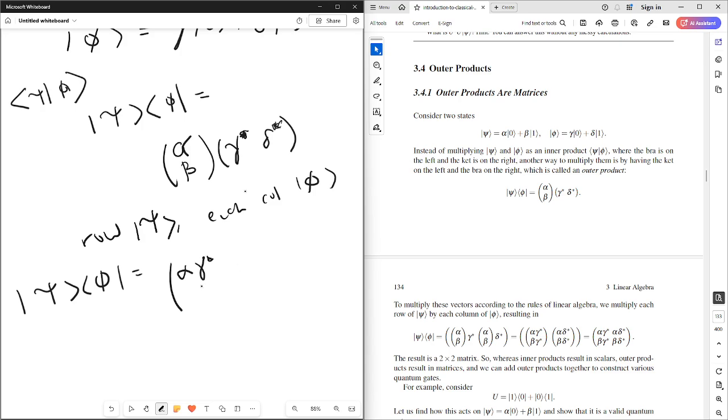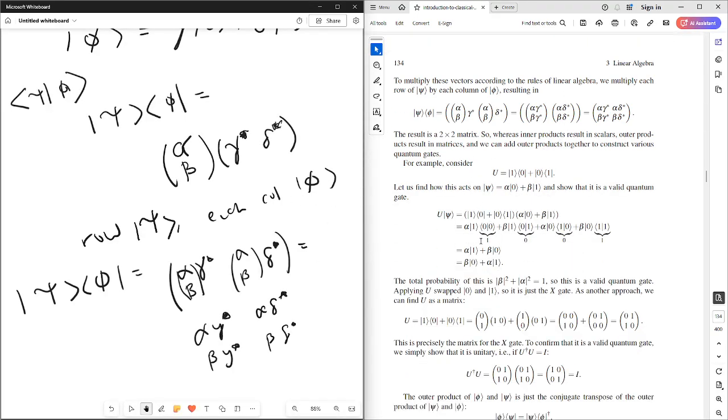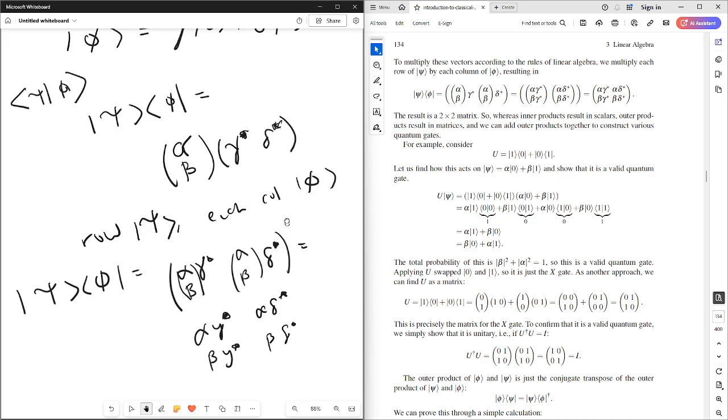We'll do it in the simpler form first: alpha beta times the bra equals alpha beta and alpha and beta. So we can work through an example here to see how this works.